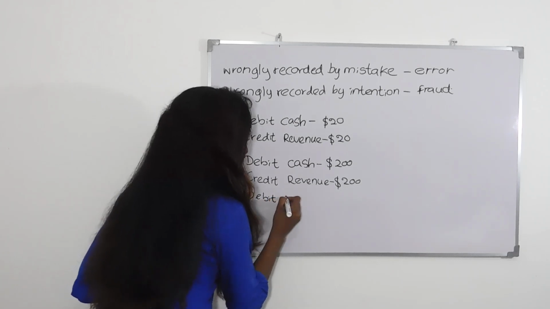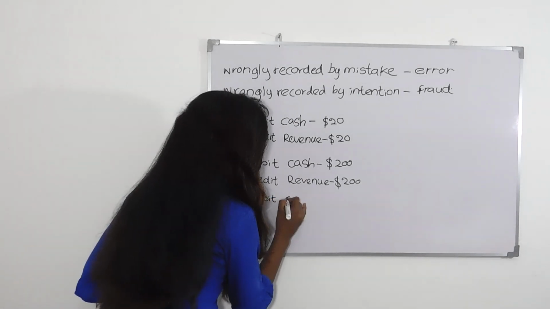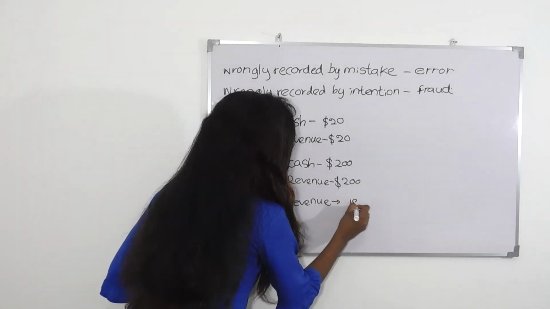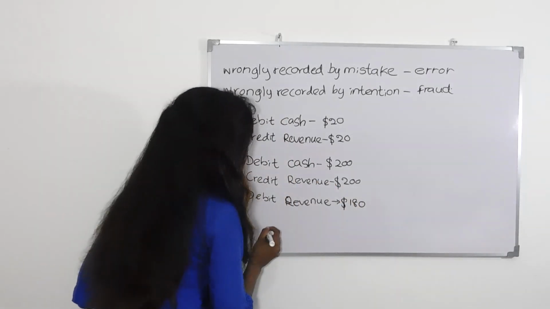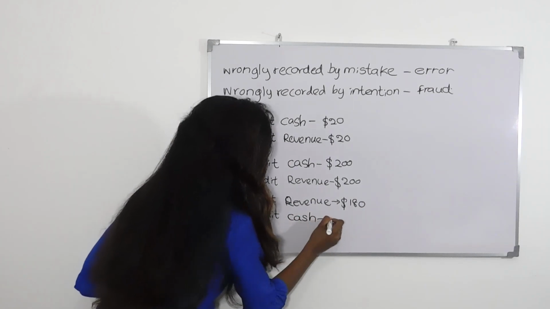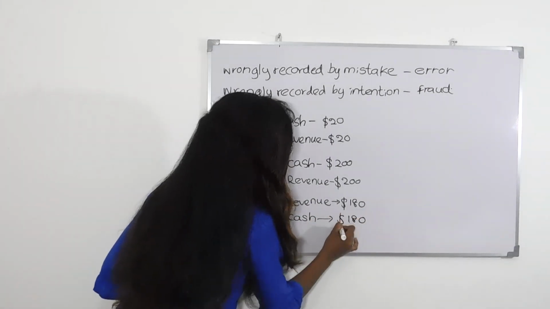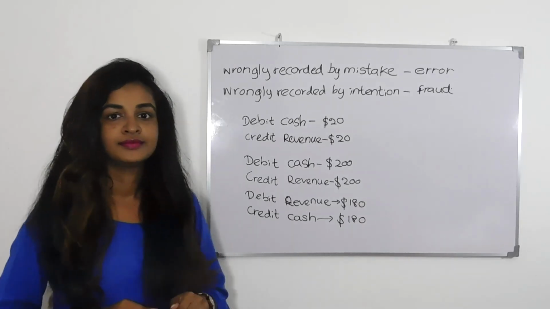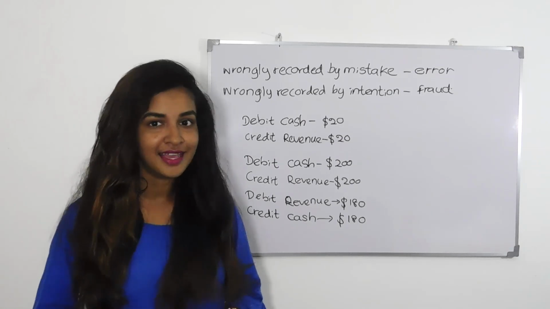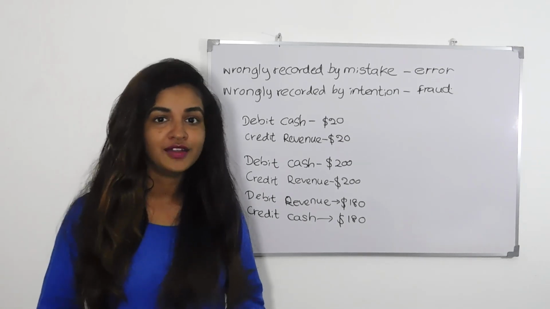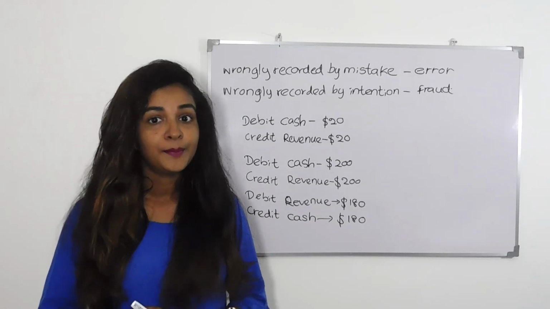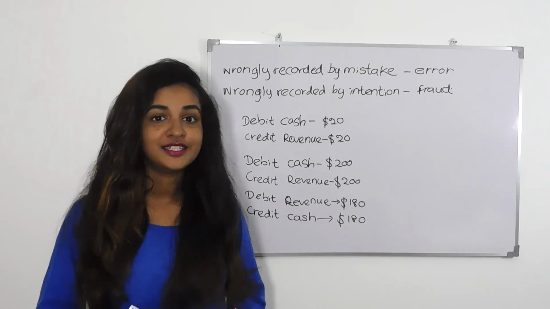This entry will be debit revenue $180 and credit cash $180. So the result will be automatically corrected, as cash was debited with $200 but credited with $180, making a net debit cash of $20.